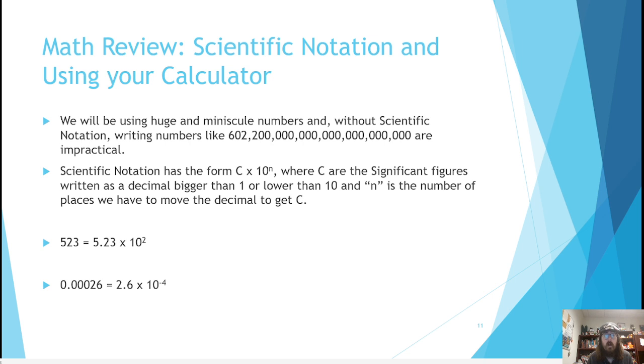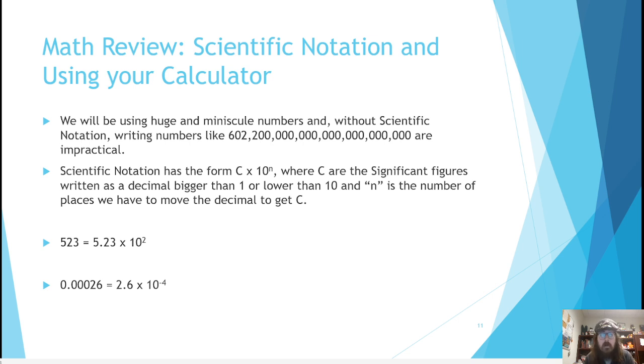When you use Avogadro's number, which is 602 sextillion, 200 quadrillion, writing all that down, it's a whole mess. And it's very easy to leave out a zero because most calculators do not put the commas in there. And you miscount something, you're off by factors of tens or hundreds.